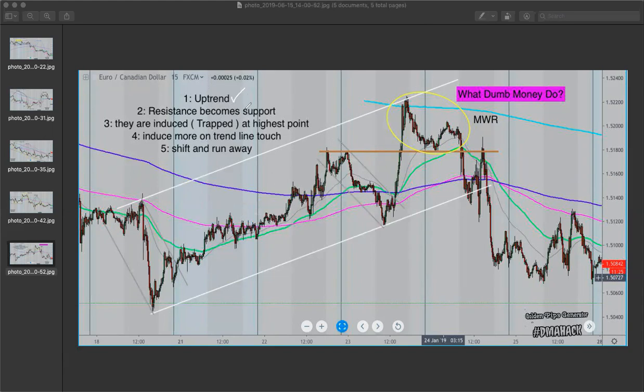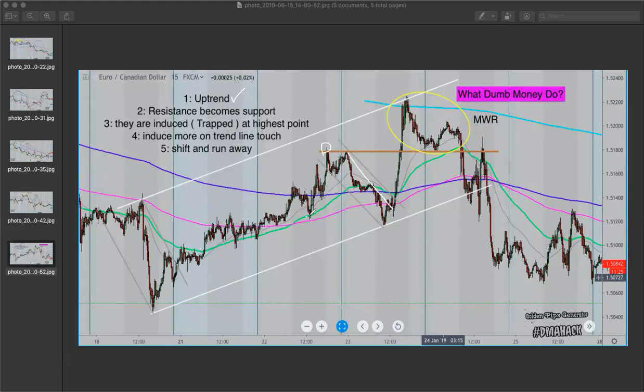Resistance became support. If it's a downtrend, support becomes resistance. So resistance, look at the respect, induced sellers. You see induction in an uptrend, induced sellers acting like this zone actually means something.